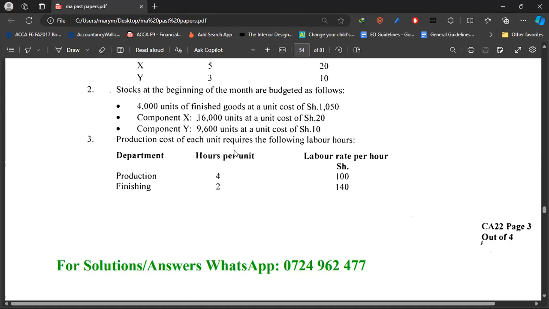Production cost of each unit requires the following labor hours. Department: we have production and finishing. On production, hours per unit 4, labor rate per hour shilling 100. Finishing, hours per unit 2, labor rate 140 shillings.